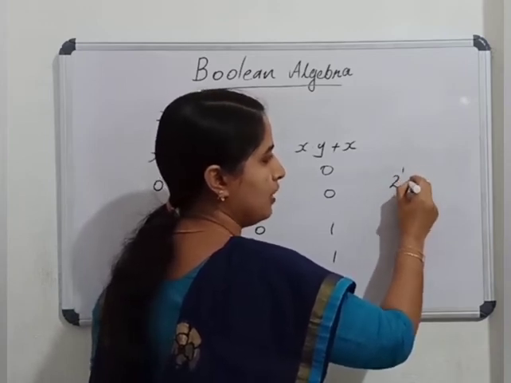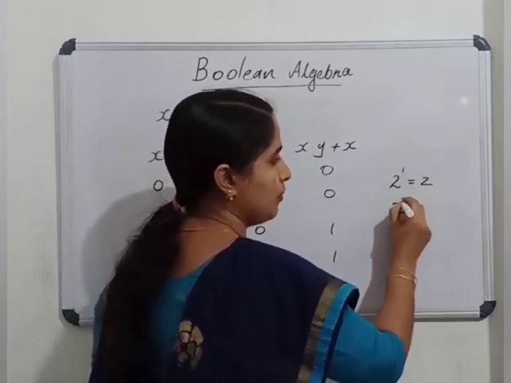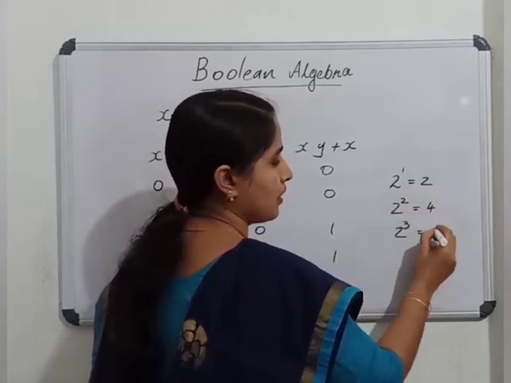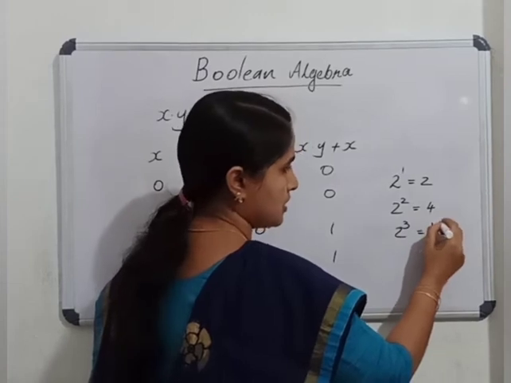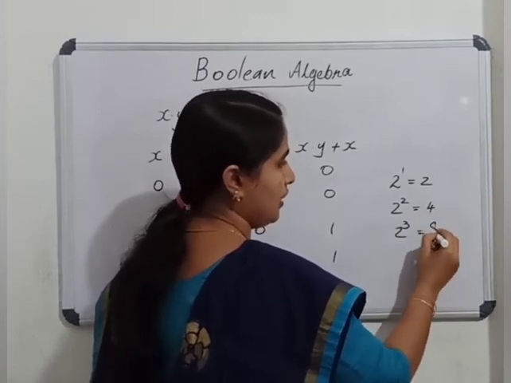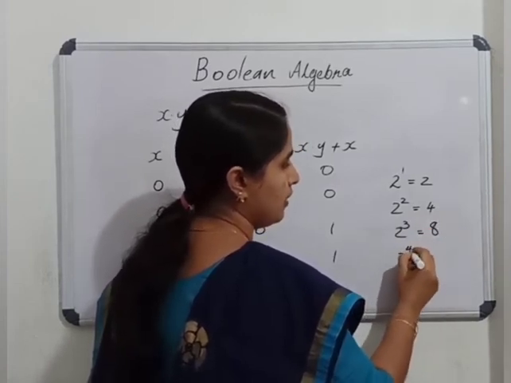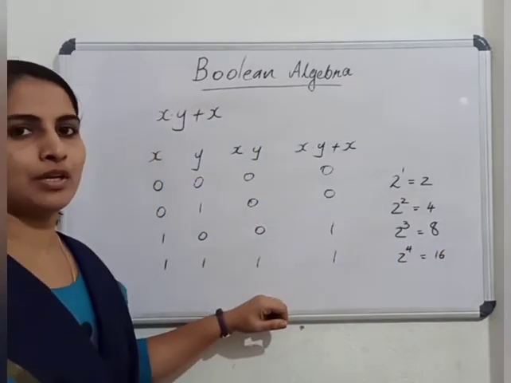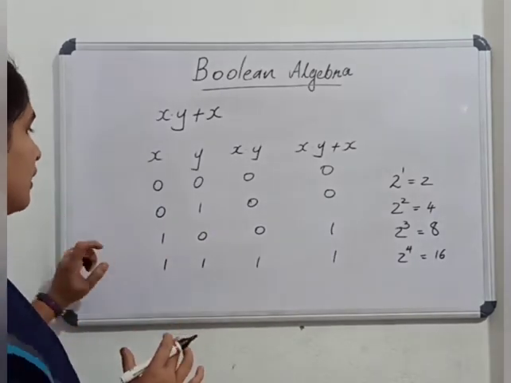Using 1 variable, 2 combinations. Using 2 variables, 4 combinations. Using 3 variables, 8 combinations. Using 4 variables, 16 combinations. Okay, you decide the number of combinations first. Then come back here.